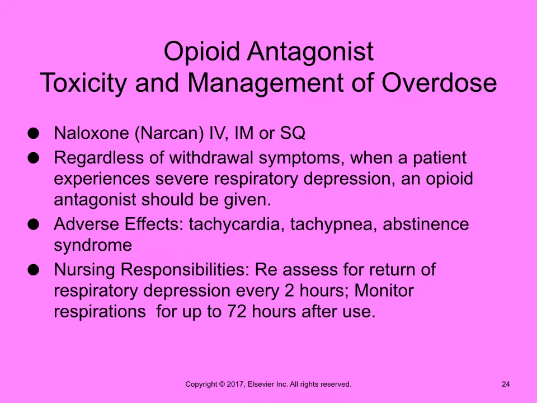Then you've got the opioid antagonist, so it's going to cause the opposite effect of what the opioid did. It's going to interfere with the opioids by competing with the receptor. So in other words, you're trying to put your key in the lock with the morphine, and somebody else comes and puts their key in, and you can't put 2 keys in at the same time. And so that's what the naloxone, or Narcan, does, and it can be given IV, IM, or sub-Q.